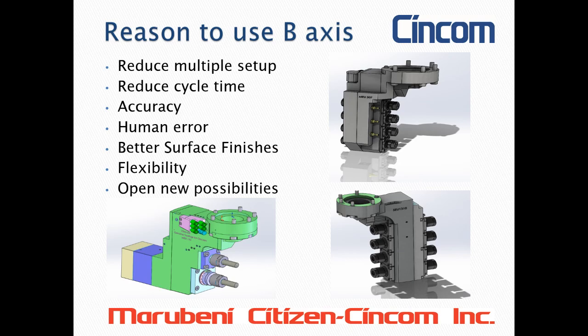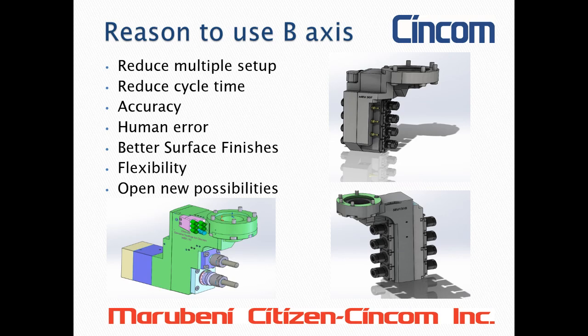So having a B-axis machine, you will have more accuracy. I'm talking about accuracy because think about it: if you don't have the B-axis, you've got to be doing multiple setups. So moving forward, having the B-axis reduces human error, and we will have better surface finish and open new possibilities.